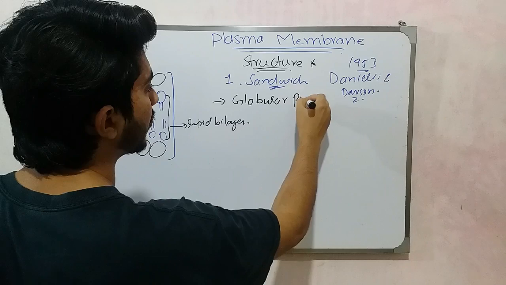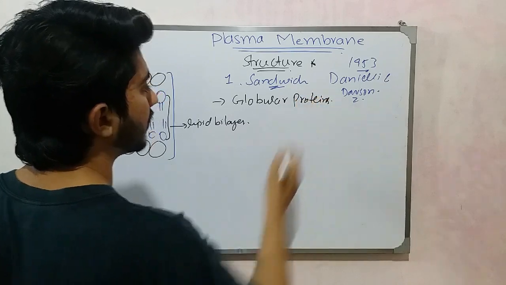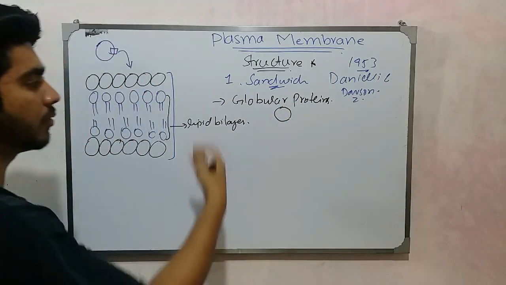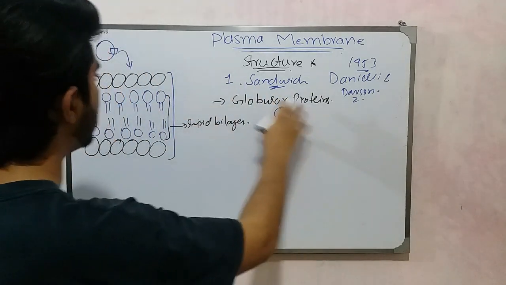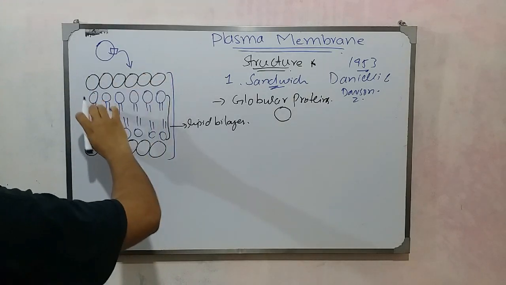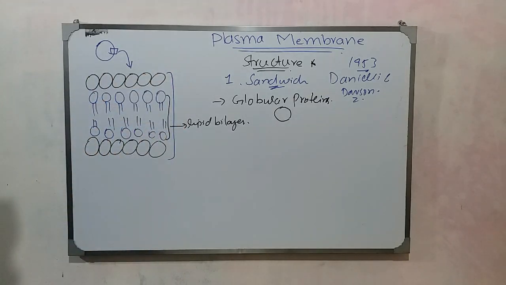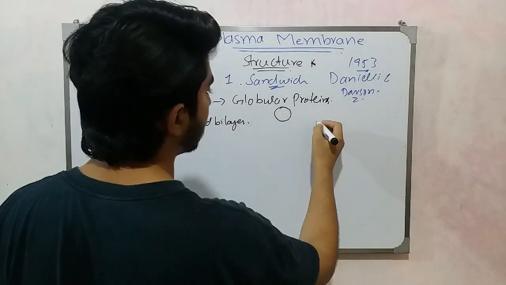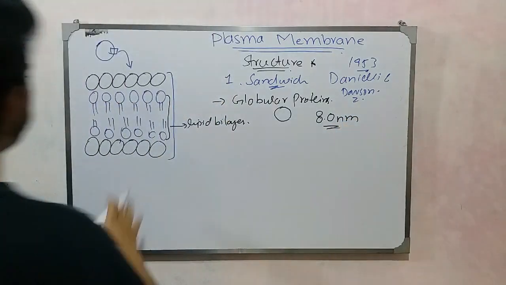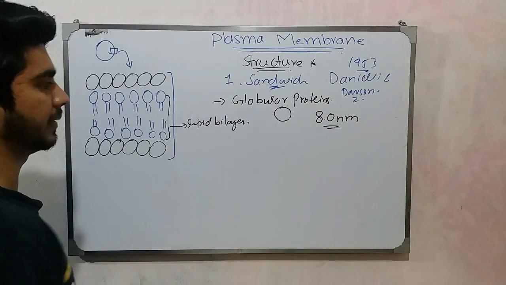These are very important proteins, and they are round or globular in form. So these proteins are present on either side of the lipid bilayer, and the thickness given by them is 8.0 nanometers.